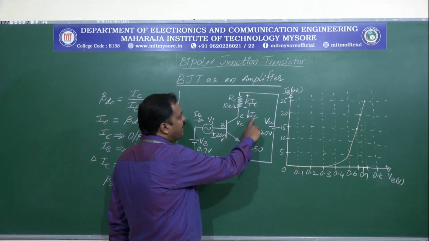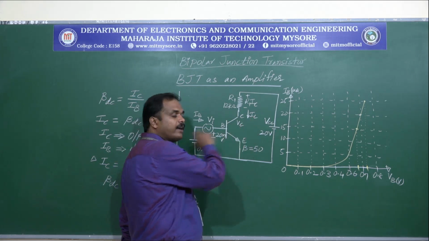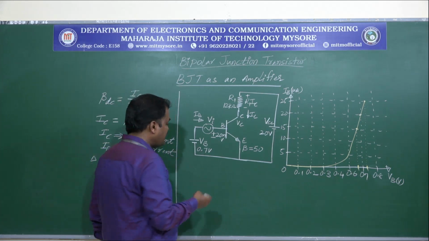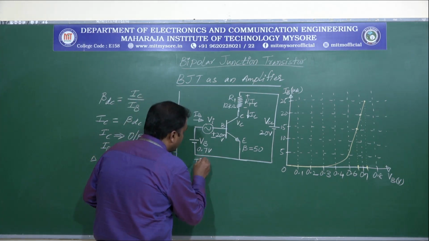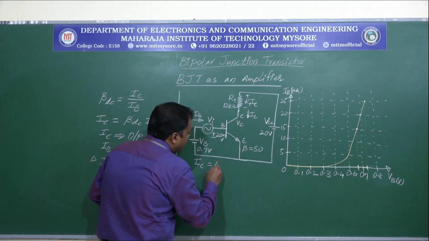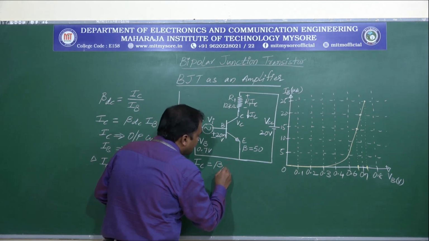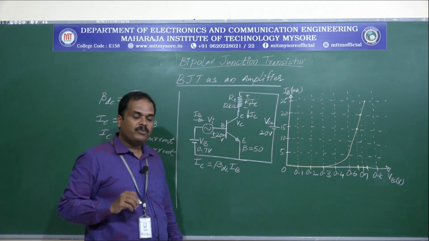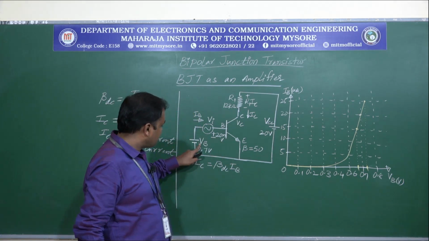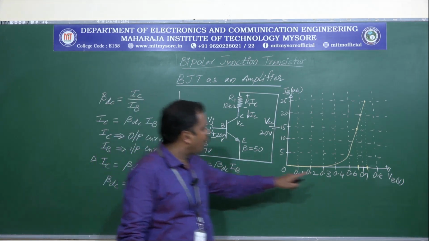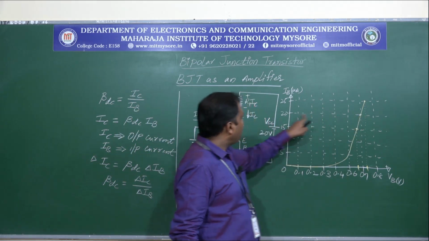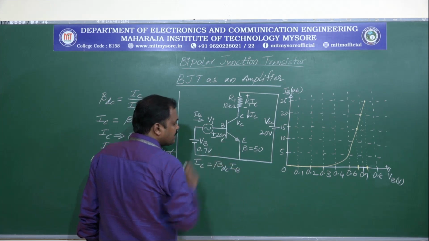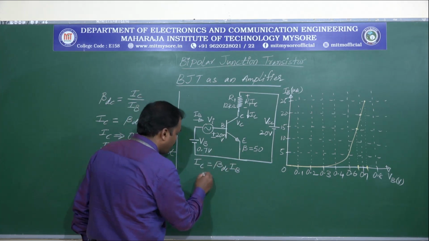So first we need to find out IC, and using this we will find out VC. Now IC is given by beta DC into IB. For the given signal VB of 0.7 volts, we have IB of 20 microamperes, and beta DC is given as 50.